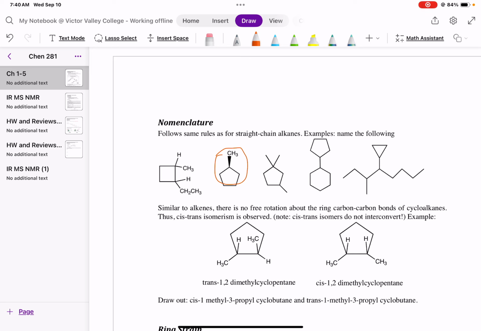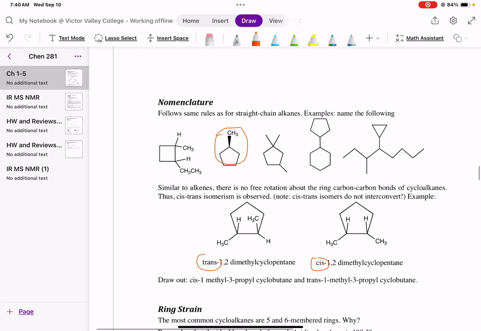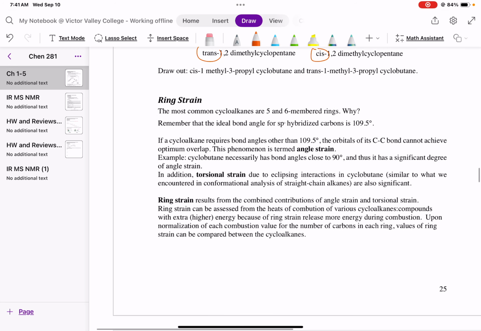And that's another cool thing, cis versus trans. Trans means opposite. You see the 2 methyls on opposite sides, one on the top, one on the bottom. Cis, the 2 methyls on the same side. You can also look at the hydrogens. Whatever the name is, like 1,2-dimethylcyclopentane, you just throw in a cis or a trans, so that way we can tell the difference between the two.